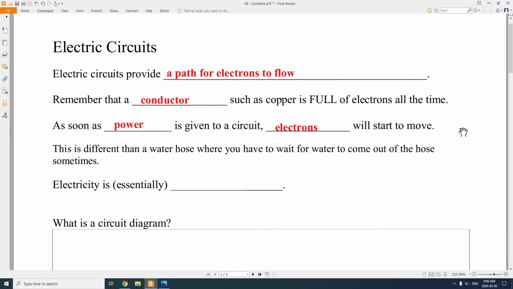Because if you think about turning on the water, it takes time to fill up the hose before the water starts shooting out. This is different though, because your copper wire is already full of electrons. They're already around all of the copper atoms. So as soon as you turn, for example, your light switch on, those electrons just immediately start moving, right? That's why your light doesn't need to power on, it just immediately turns on. So electricity is essentially instantaneous. You turn it on and those electrons immediately start flowing.